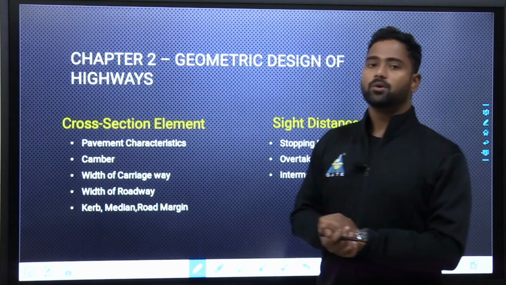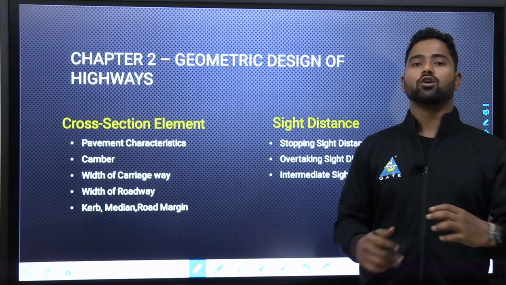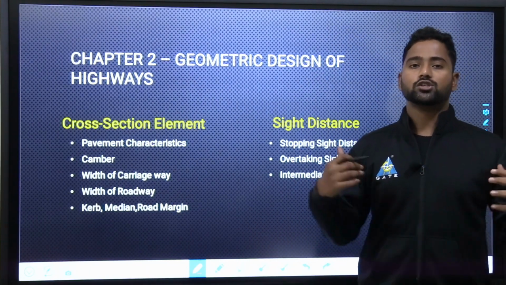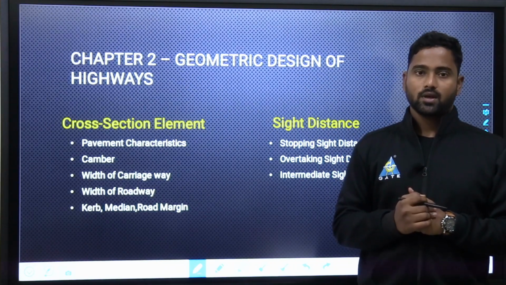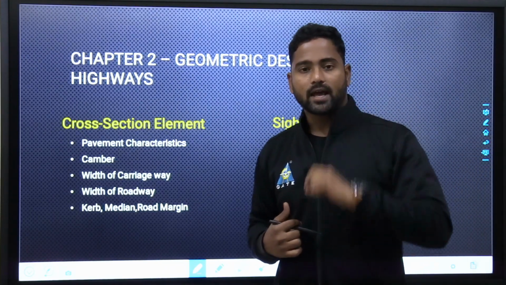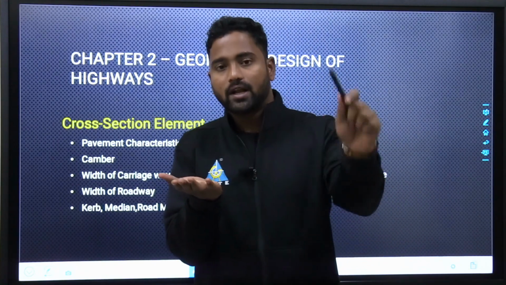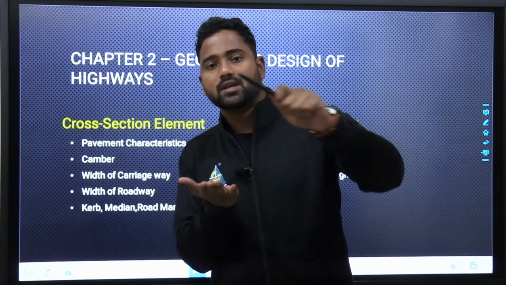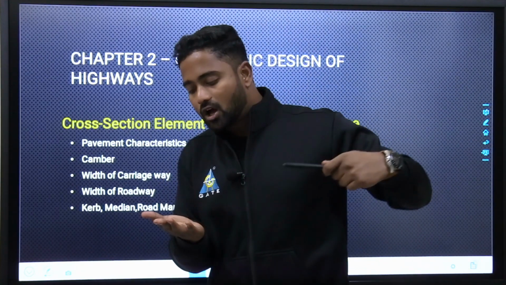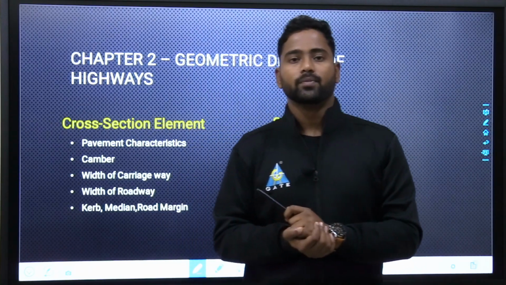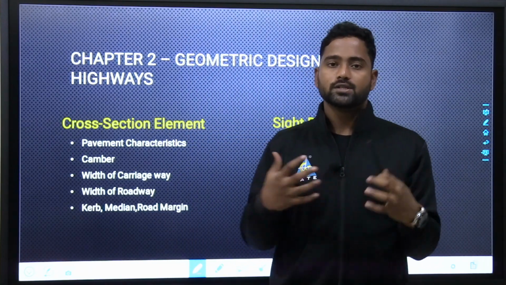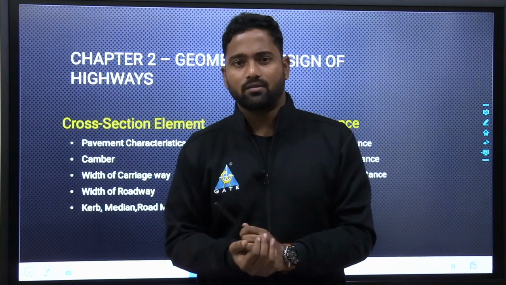So in the second chapter, what exactly we'll be seeing: cross-section elements, the cross-section of the roads. There will be camber, pavement characteristics. That means whenever you are providing a road, how much friction is there, how much is the longitudinal friction, how much is the lateral friction. Fine. All those things, we are the ones who are going to develop that, right?